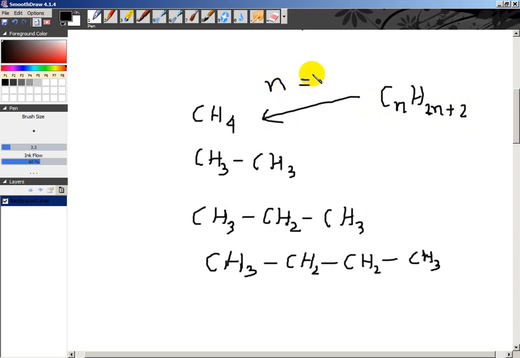If I put n equal to 1, we find methane. If I put n equal to 2, we find this compound. So they have a general formula. All these compounds have the general formula CnH2n+2.